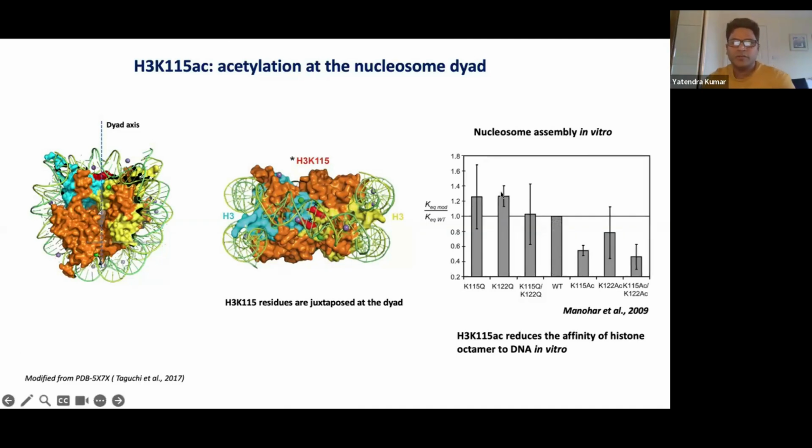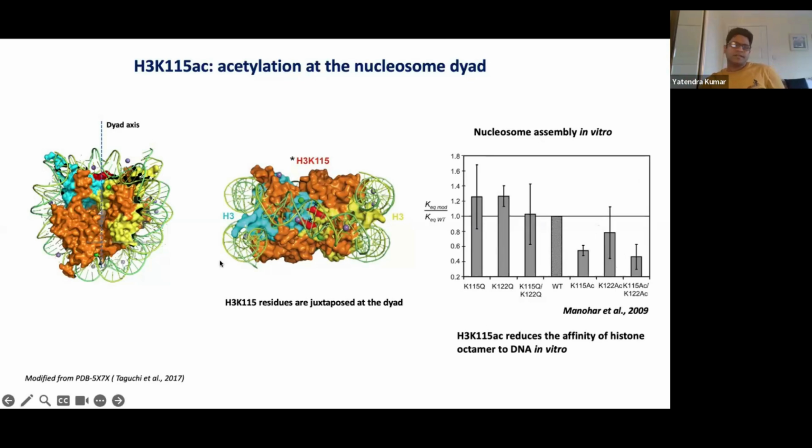Now, this is supported by in vitro experiments in the field, where nucleosome assembly in vitro was used to show that the octamers containing the H3K115 acetyl mark have lower affinity to the nucleosomal DNA compared to other marks such as K122 acetylation.